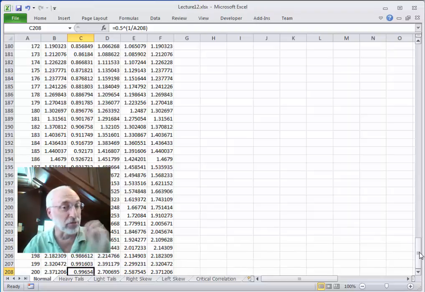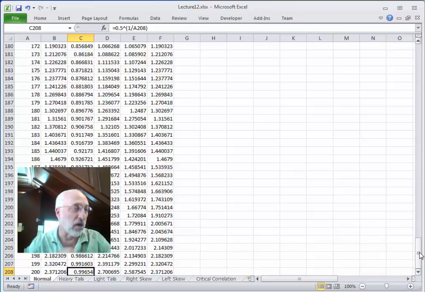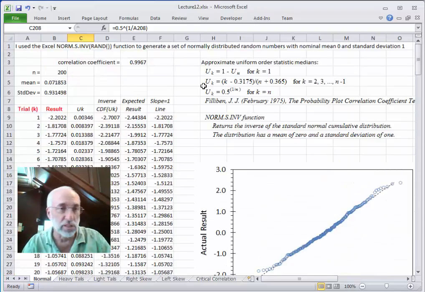I don't want a number that goes all the way to 1, because in a cumulative distribution function for a normal distribution, the only way to get to 100%, to 1, is to have an infinite range of data. And I don't really want my numbers to go to infinity, so this number ends up being a little bit less than 1. But you see it's pretty close to 1 if I have 200 data points.